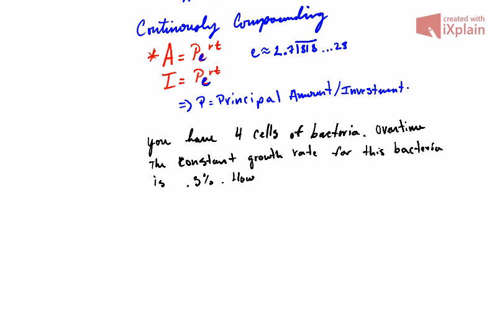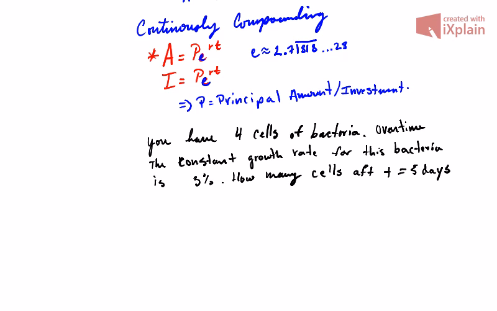How many cells after t equals, let's say, 5 days? Okay, and let's change that 0.3% to just 3%. We're going to do that.